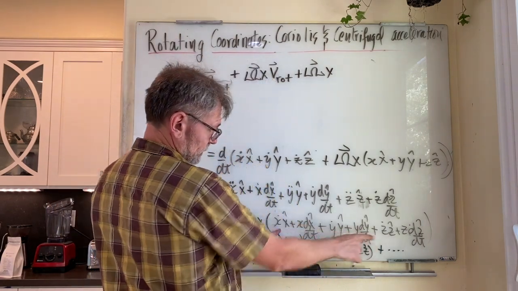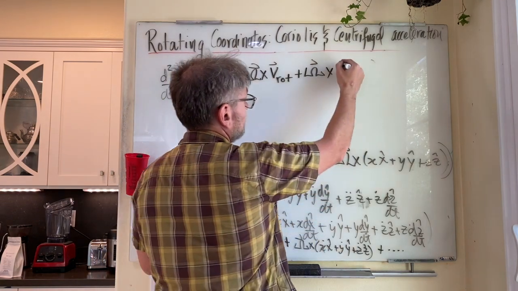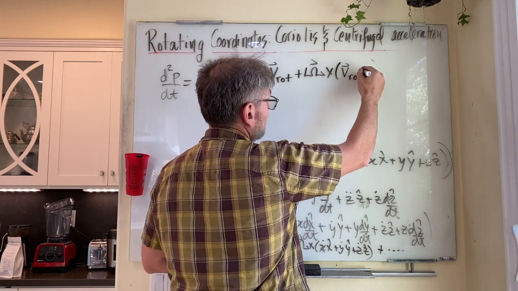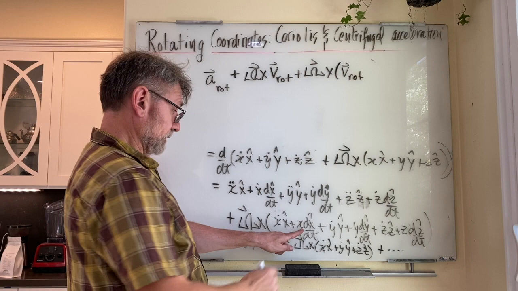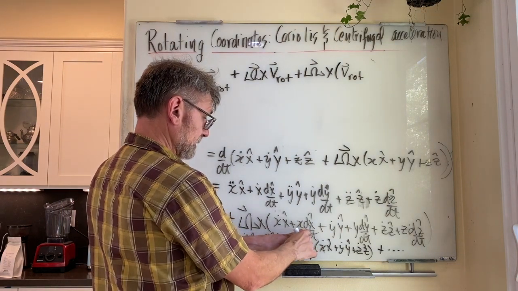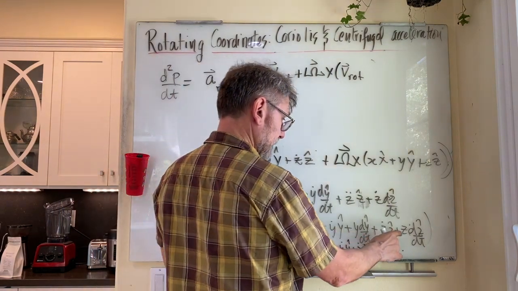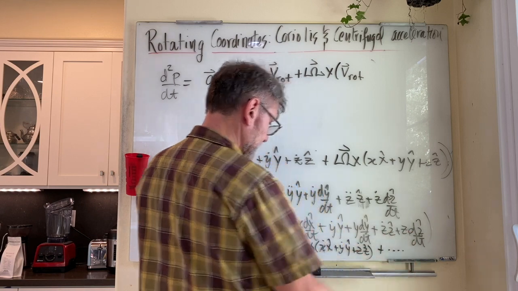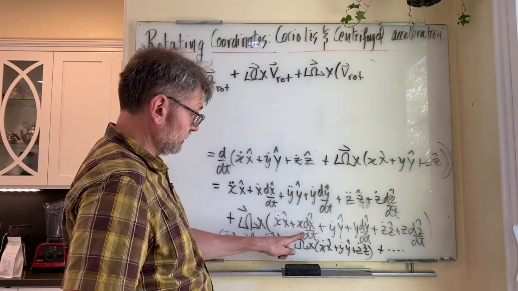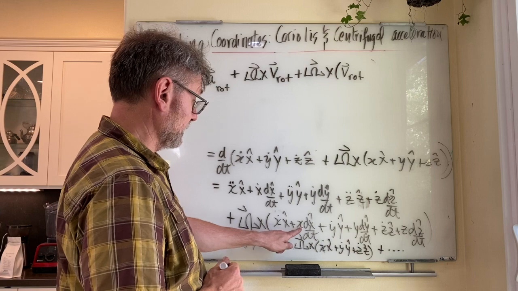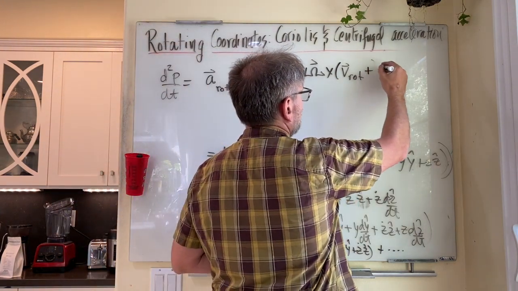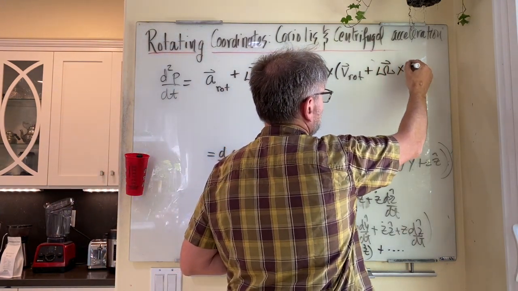These three terms, that's just the velocity in the rotating frame. So v in the rotating frame, plus this bit, right? x dx hat dt, y dy hat dt, z dz hat dt. And those three terms, we've done it before, that's just omega cross p, plus omega cross p.